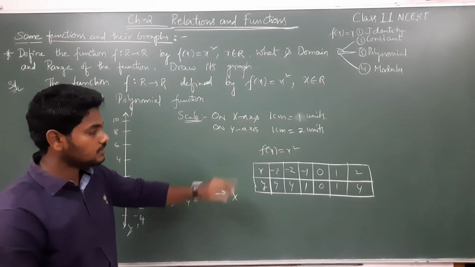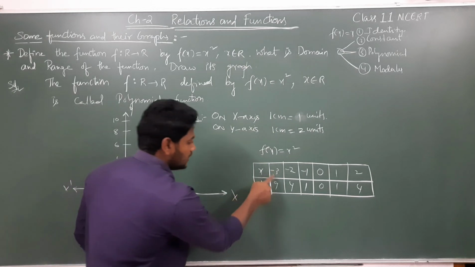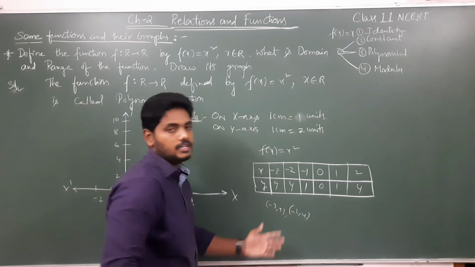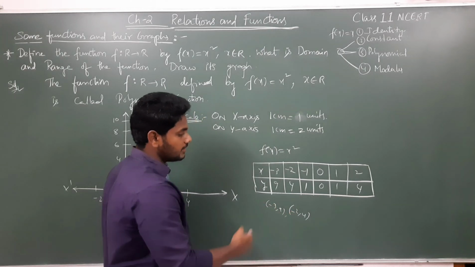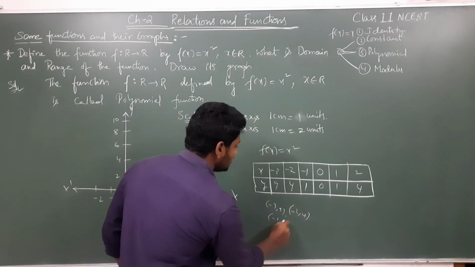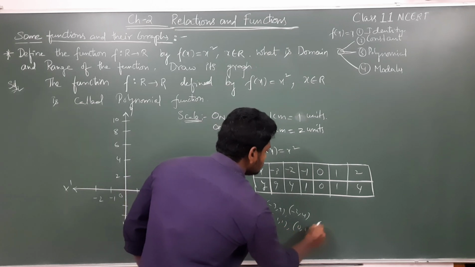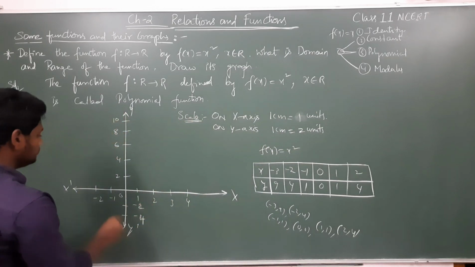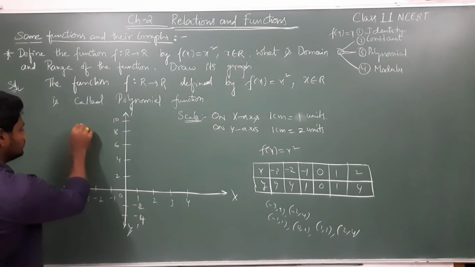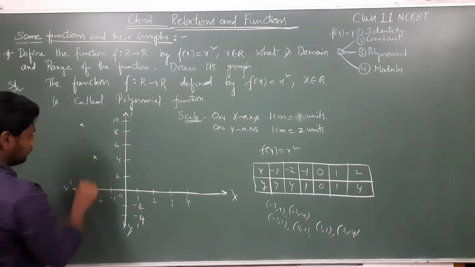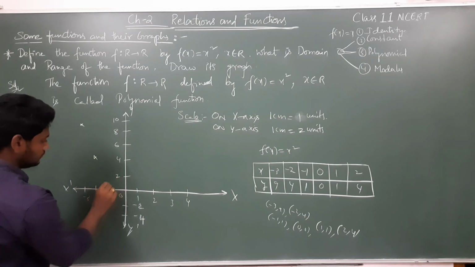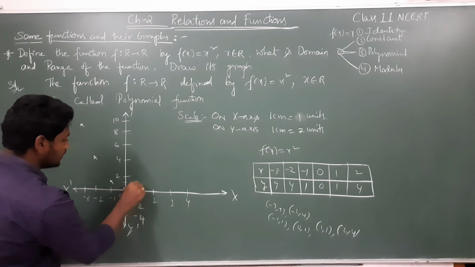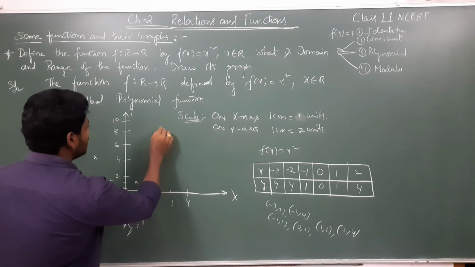Now we need to consider those as ordered pairs. Minus 3 comma 9, minus 2 comma 4. These you need not write in the examination, but for your understanding I am writing: minus 1 comma 1, 0 comma 0, 1 comma 1, 2 comma 4, 3 comma 9.